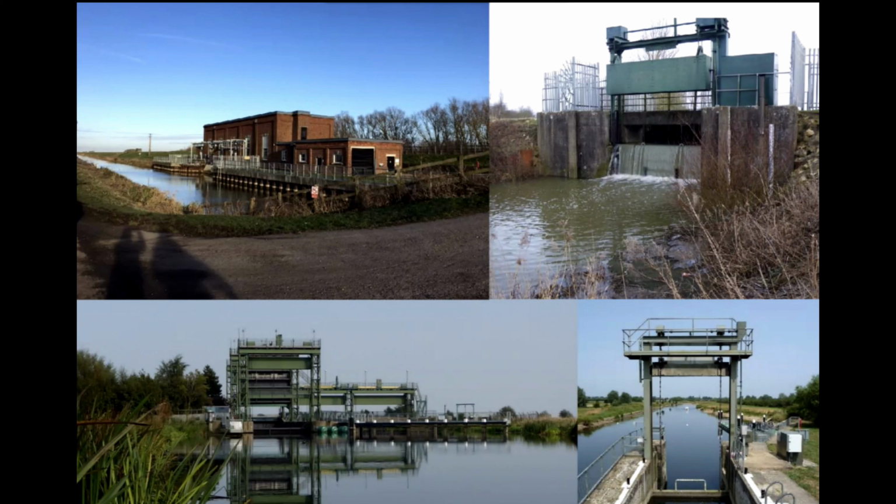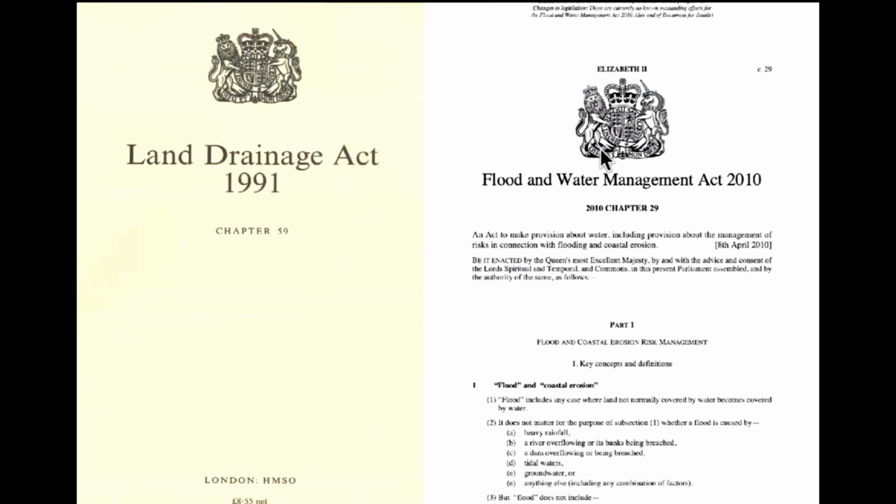But the existence and the success of this system wouldn't be possible without all the organisations that look after the rivers and their structures today. Now, from about 1810 to the early 1900s, many acts were passed by Parliament to give authorities powers and responsibilities to undertake drainage and navigation works in the Fens, and to enable them to levy taxes to fund the work that was needed to keep them in working order.